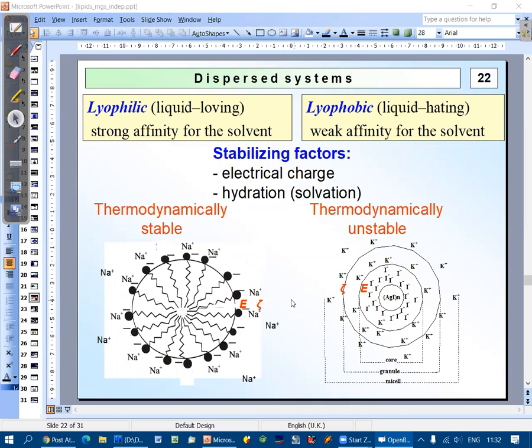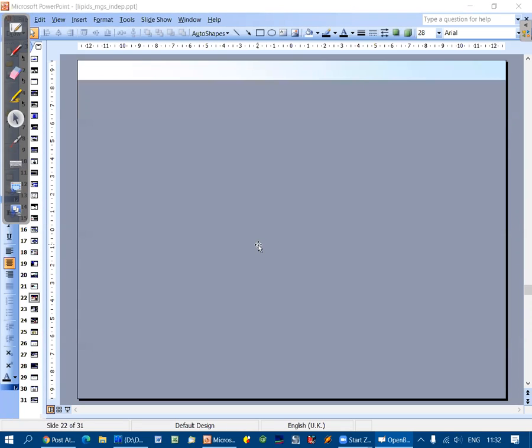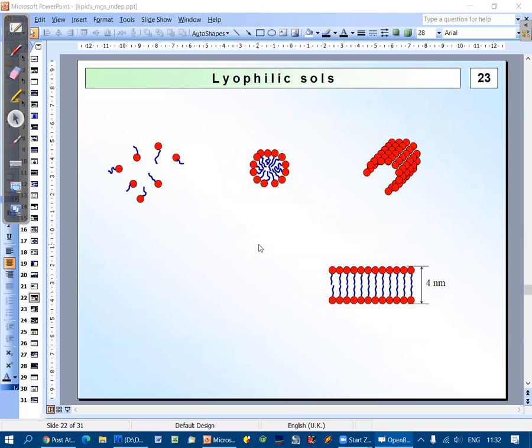But the only difference is micelles of colloidal surfactants form spontaneously because they are thermodynamically stable.